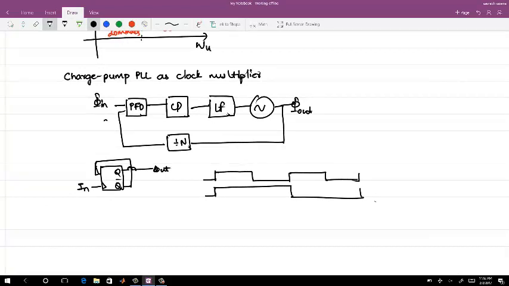The output of this, let's say, is phi feedback. Phi out is with respect to the output frequency, and phi feedback is with respect to the reference frequency. If you are doing an absolute time analysis, it will do that.